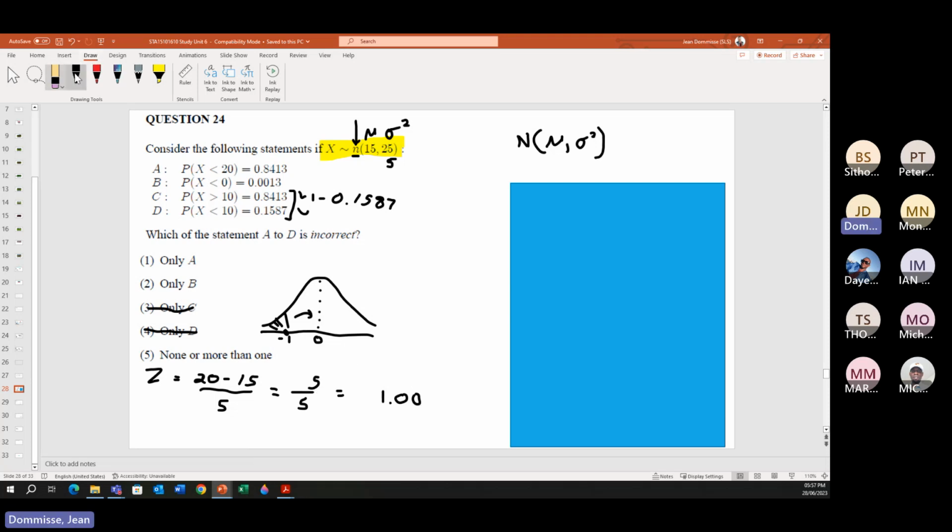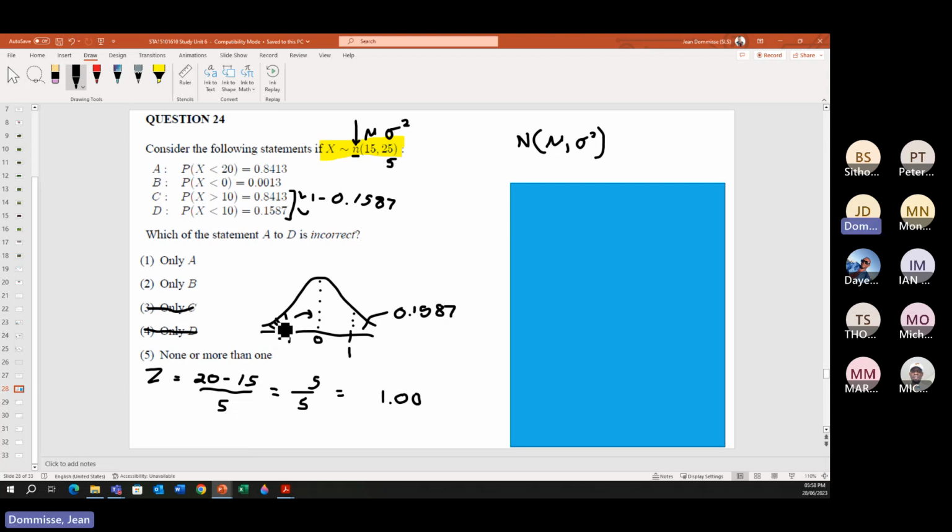So now we're just sitting on the other side of a symmetrical 0. So if we now sit on that side, this small area will be 0.1587 because it's symmetrical.